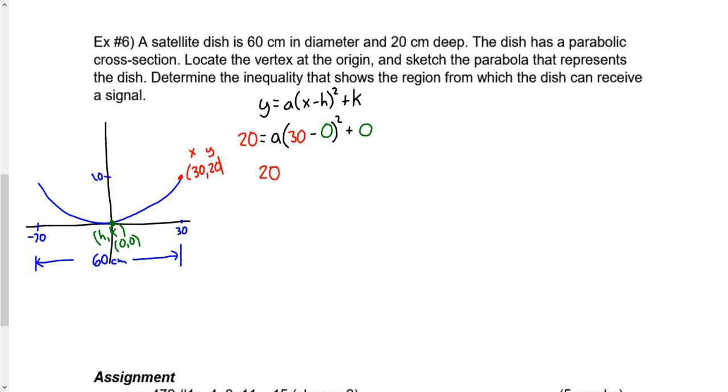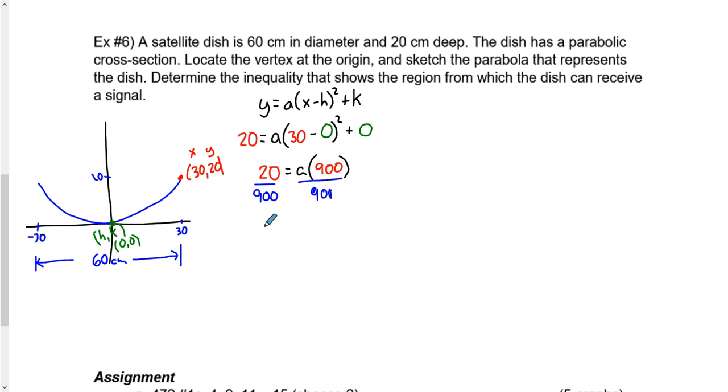So 20 would equal a multiplied by 30 subtract 0 squared, while 30 subtract 0 is 30. 30 squared would be 900. Plus 0, nothing. To get the a by itself, divide by 900.